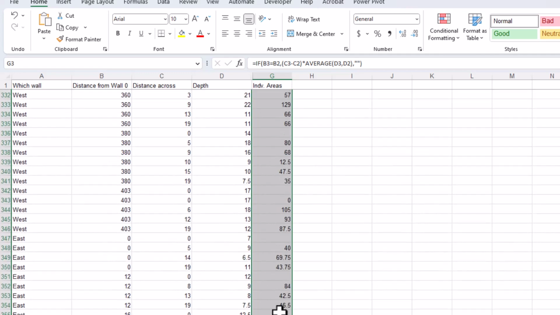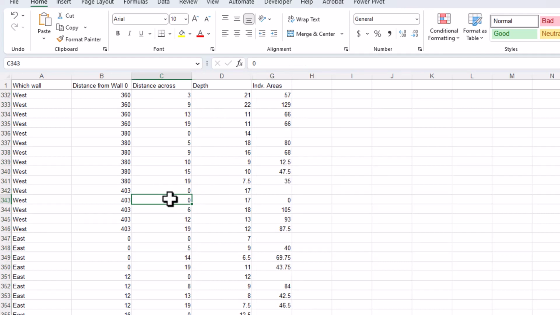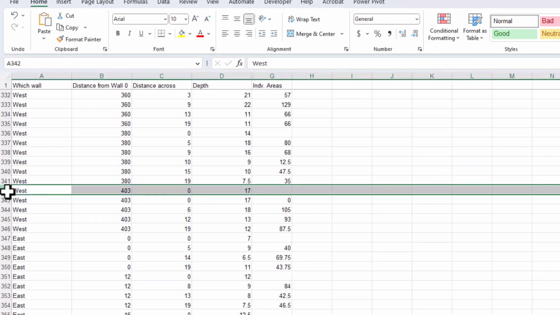I don't know why I have... So now this one concerns me. This should have been at distance across 0, and then 19 should have been my second one. Oh, actually I have a 0, a 6, a 12, and a 19. So I think I just have an extra row here. Let's delete that one.